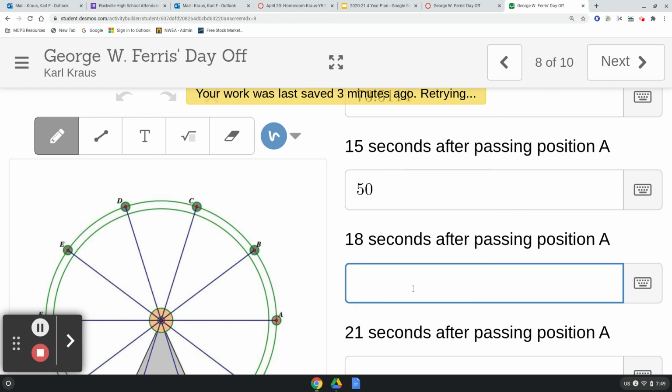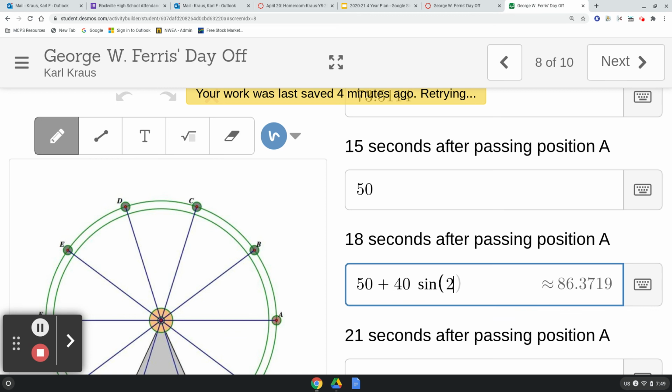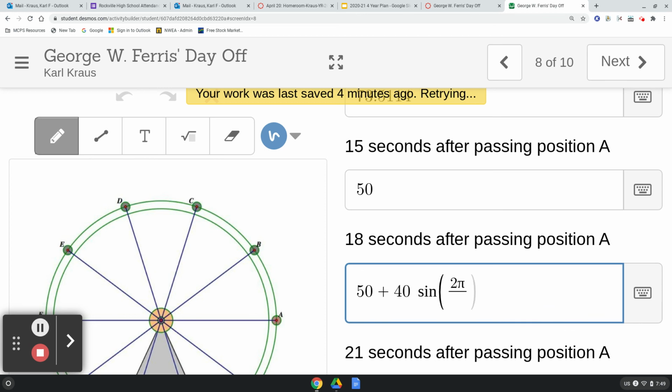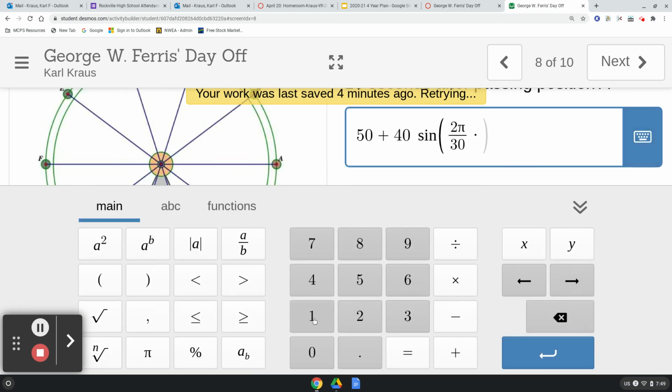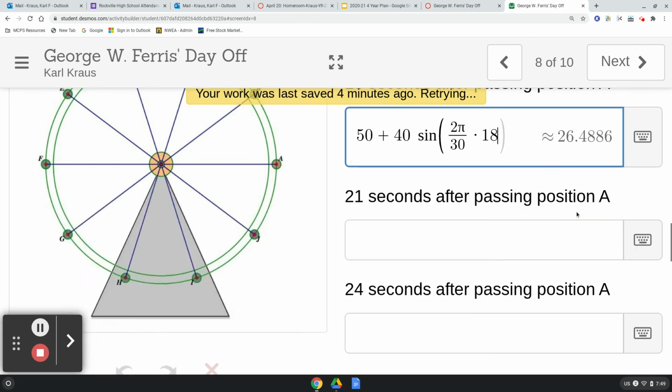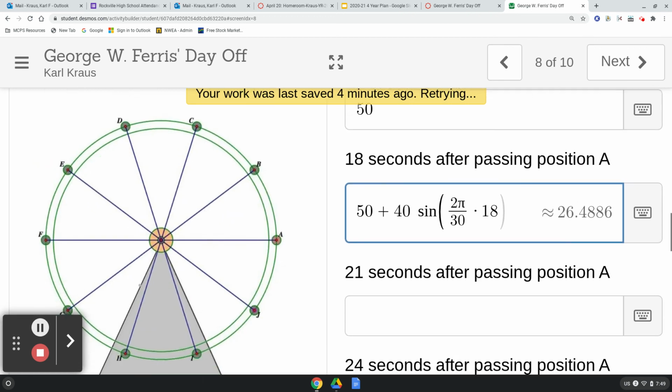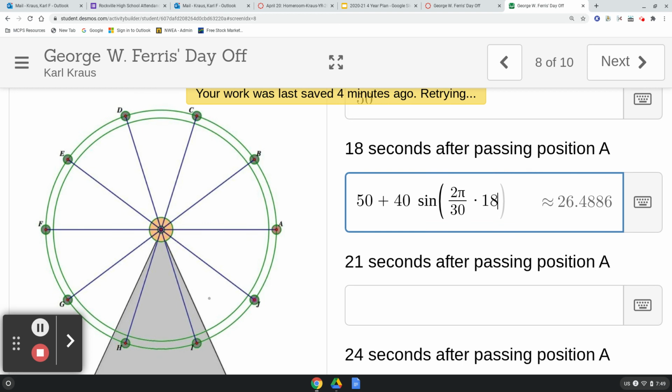And then 18 seconds. So I get 26. So 18, 21, 24.